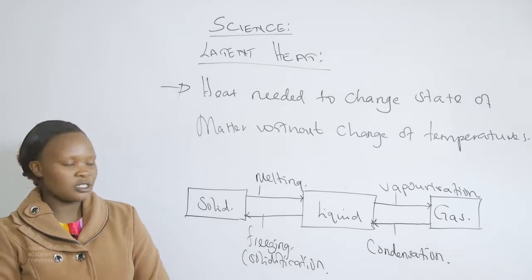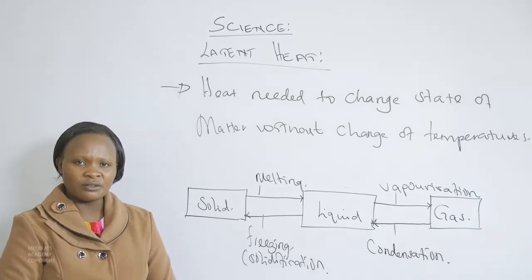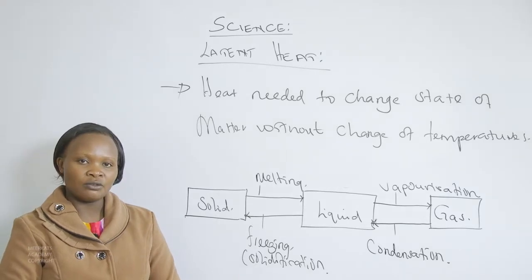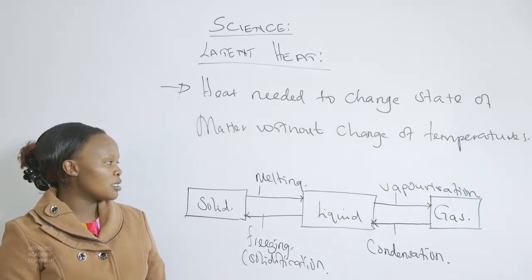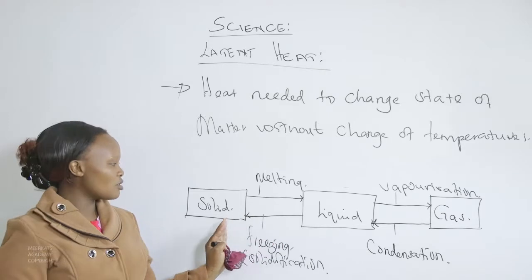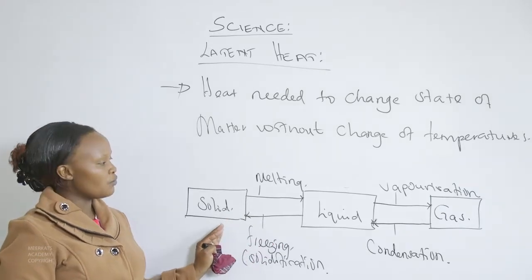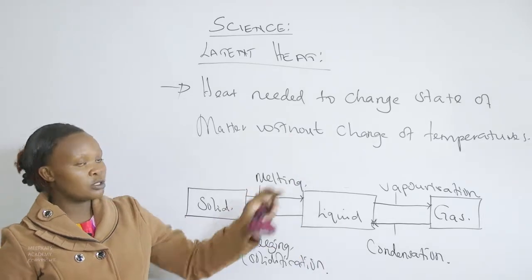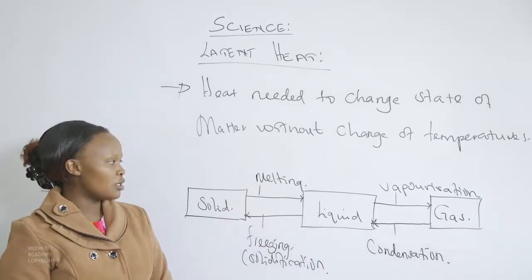Now, all these processes involve change of state, which means the heat that is absorbed by matter to transform from one state to the other is what we are actually interested in.